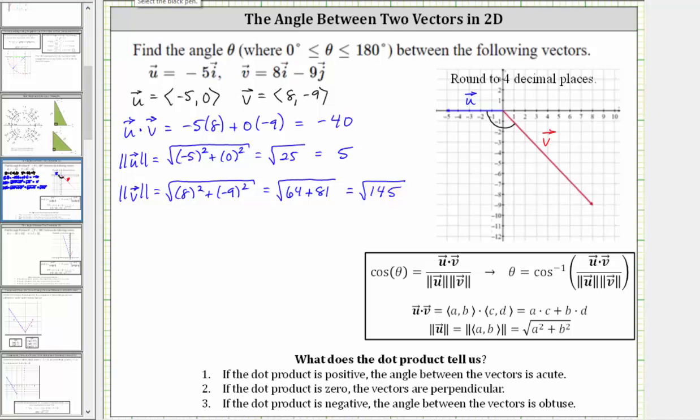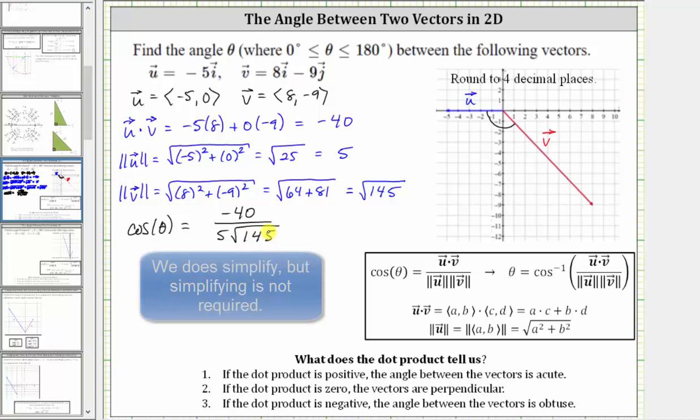So now we know that cosine theta is equal to the dot product, which is -40, divided by the product of the magnitudes, which is 5 times the square root of 145.